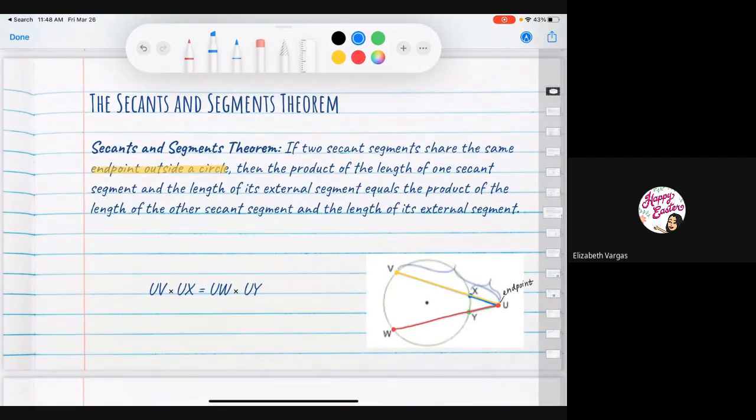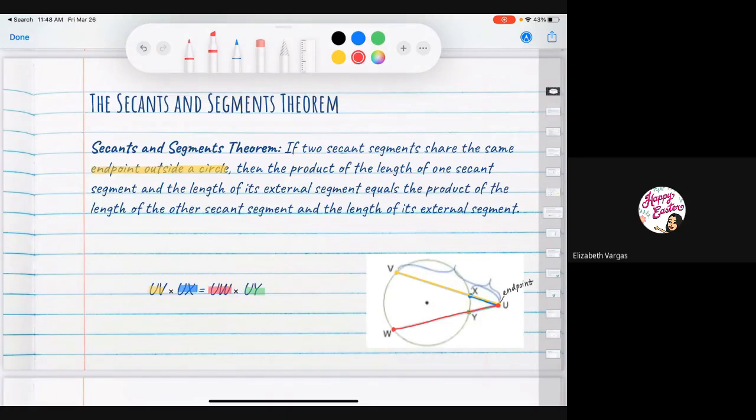So U to X multiplied by UV should be equal to U to Y multiplied by U to W.